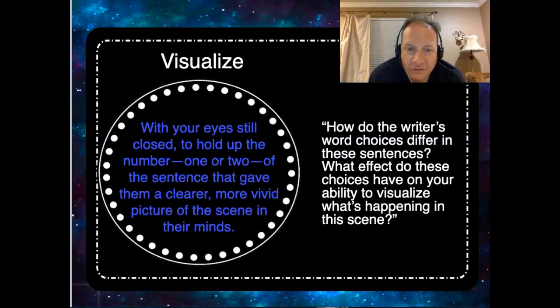Now, with your eyes still closed, hold up the number one or two of the sentence that gave the clearer, more vivid picture of the scene in your mind. Which one gave you a better picture? How does the writer's word choice differ in each sentence? What effect do these choices have on your ability to visualize what's happening in the scene?